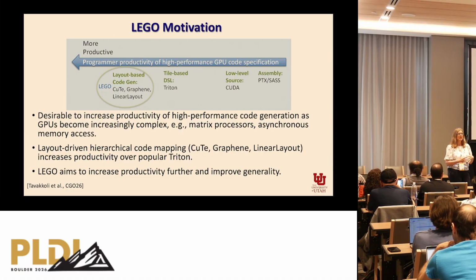And so the work, I mentioned this before, Chris Cheka's work in Qt, and that's part of this Graphene paper that I'm going to mention. And then linear layout, that's a very recent paper from OpenAI. So Lego's trying to be a little bit more productive than all of those things in the space of generating hierarchical layouts for GPUs and particularly targeting tensor core code generation.